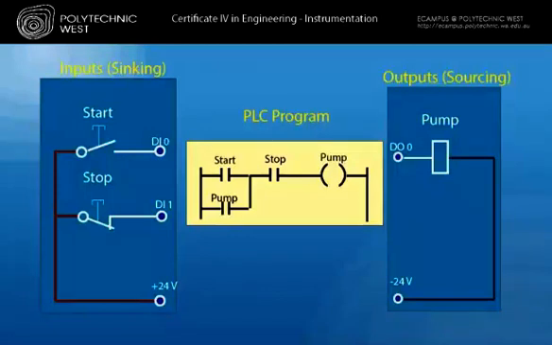The PLC program has a normally open for the stop in the program, so that when we connect up our normally closed switch to the digital input, we have a connection through that stop button, so that when we push the start button, the program will latch through the pump contact off the pump output. That way, when we open the stop by pushing the stop push button, our program will unlatch the pump output.